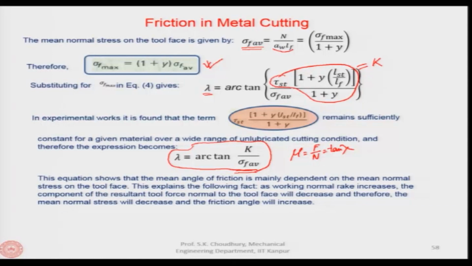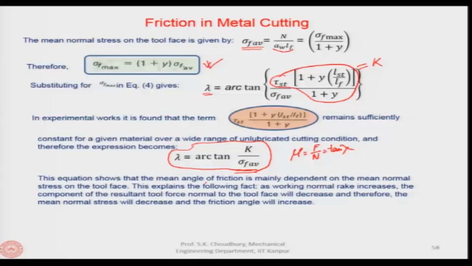Finally we got it in this way. All right. So, this has a significance, that is the result of Professor Zorev's model on the friction in the metal cutting, and the consequence is that it means how the mean angle of friction depends on the normal stress, all right, and how it varies when our normal rake angle changes, which is the working rake angle, as we have seen earlier.